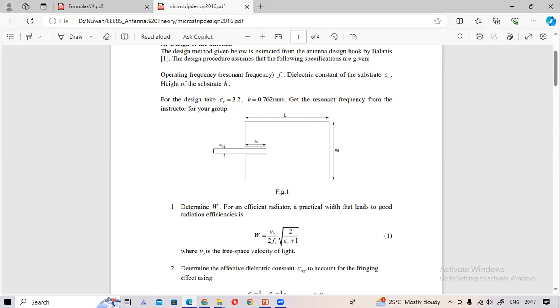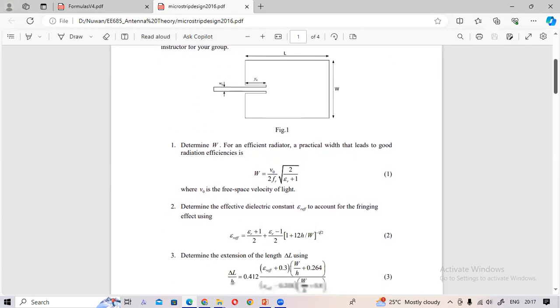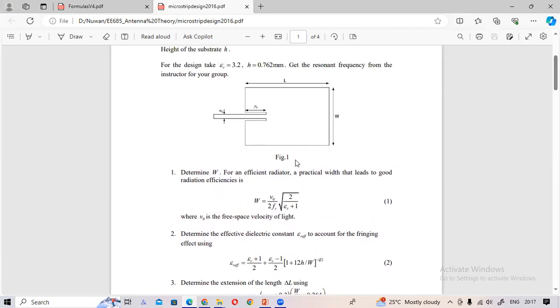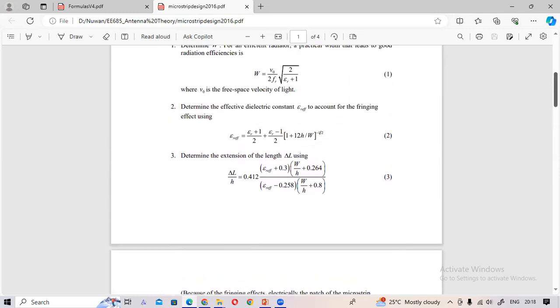Can you verify? Can you understand it? If we are going to make a square one, you have to calculate so that width and length are the same, but some problem is there.